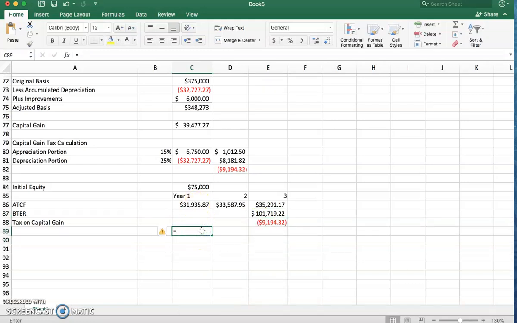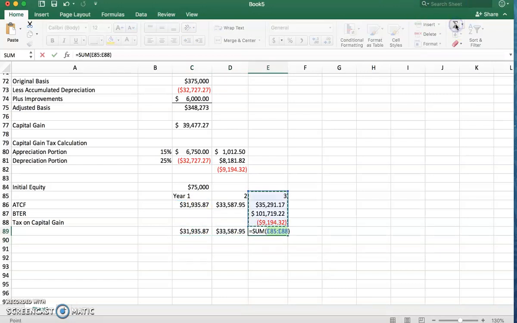Equals sum. And then this one we'll just do our own sum. Perfect. Let's make that look better.